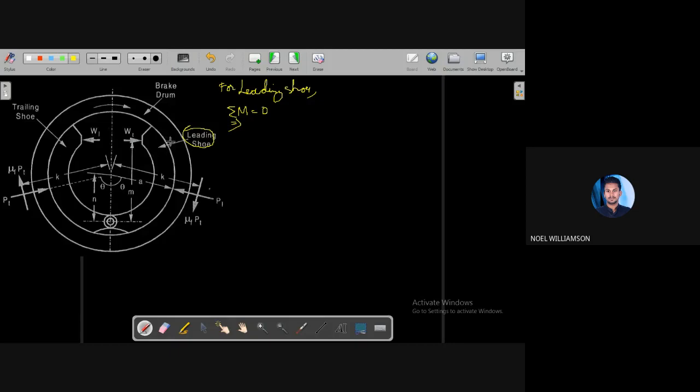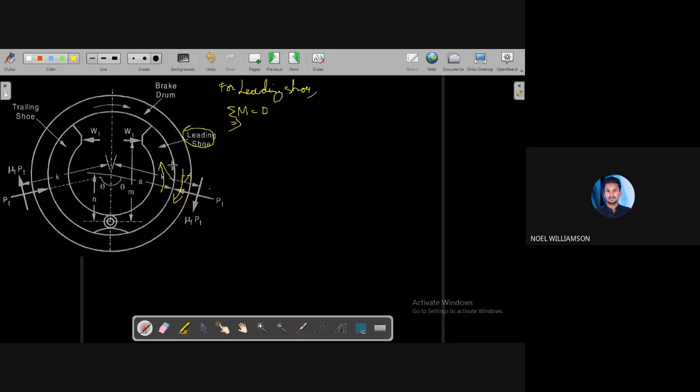Actually the drum is moving in this direction while the shoe is stationary. But since we are considering the shoe, we may assume that the drum is stationary and the shoe is moving in this particular direction.